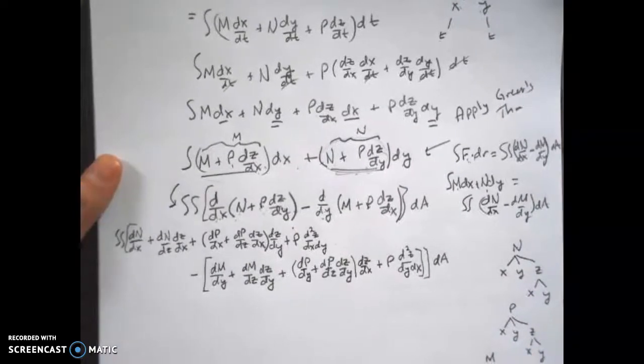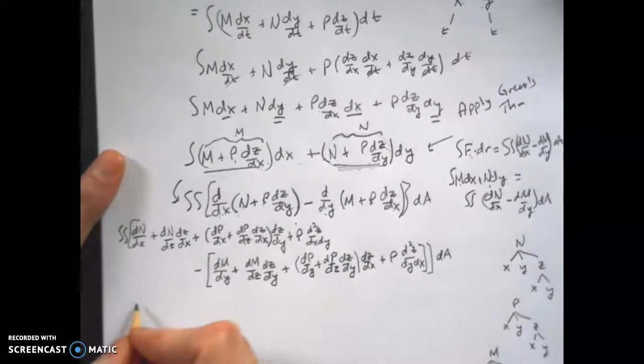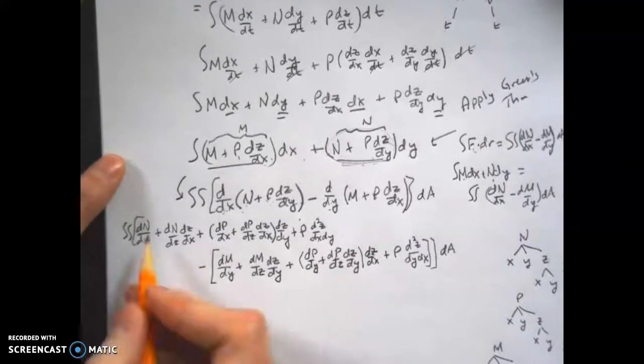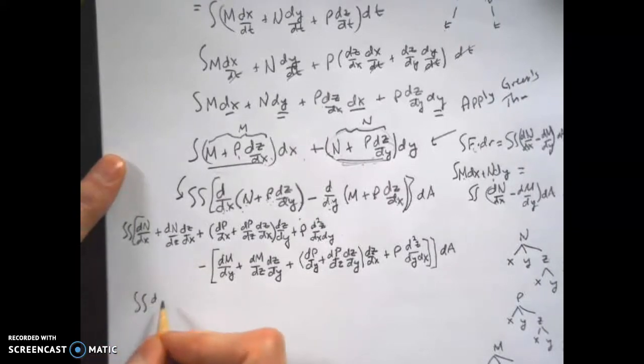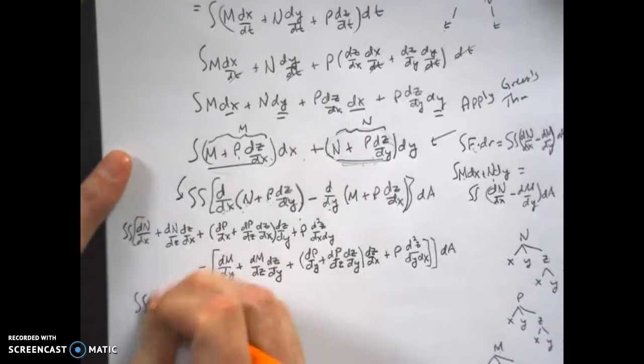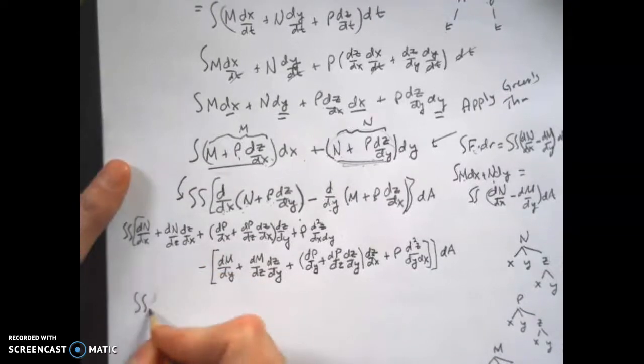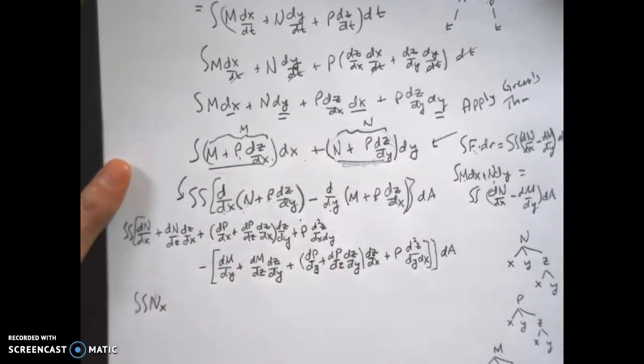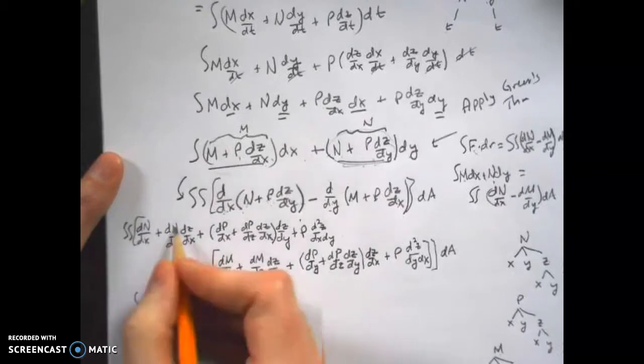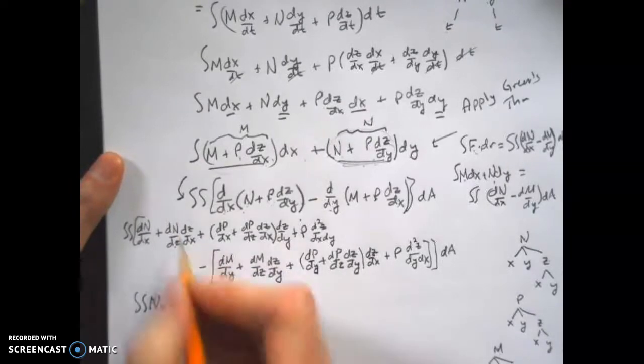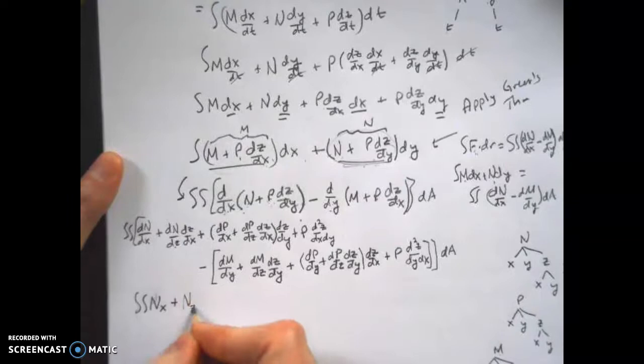Okay, so let's simplify. So I've got the double integral. I've got dn dx. Actually, I'm going to write that as the x partial of n, plus the n dz, dz dx. So that's going to be the z partial, dz dx.